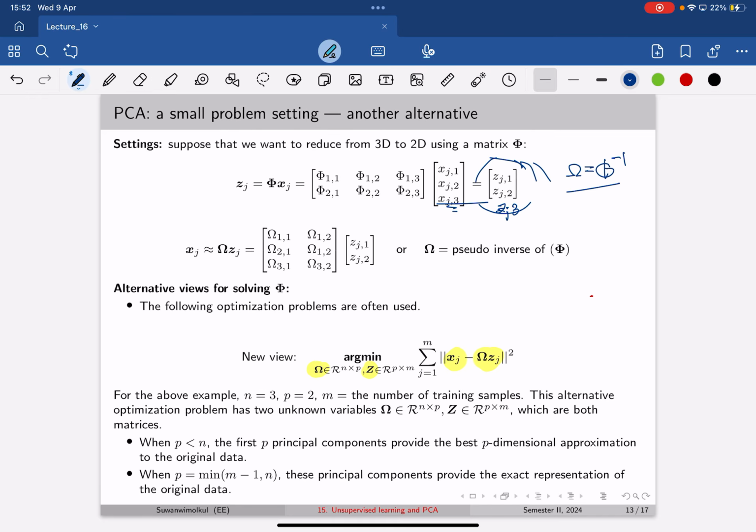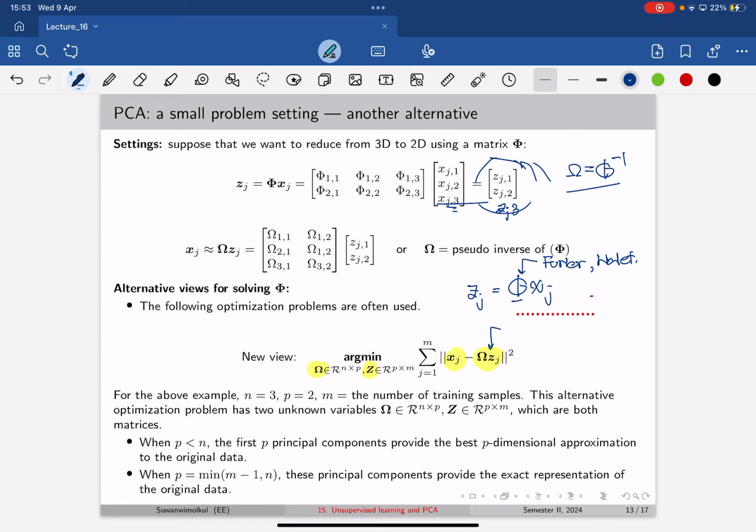But you can think of this Z vector as a vector resulting from an off-the-shelf matrix projection. For example, you can pre-compute Zj from phi xj, and this phi could be a well-known matrix projection such as the Fourier matrix or the wavelet transformation matrix.